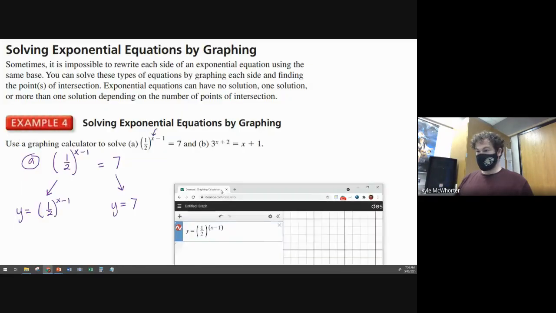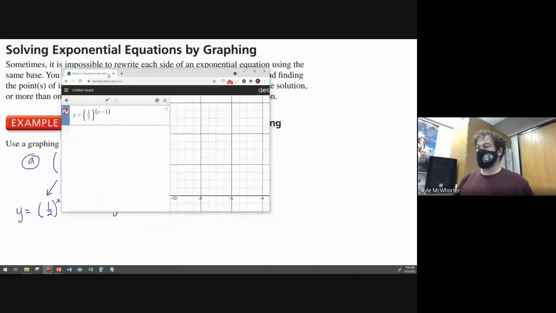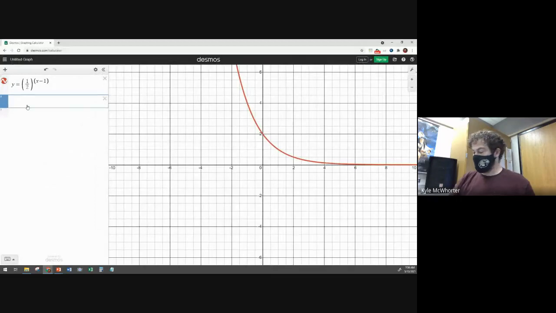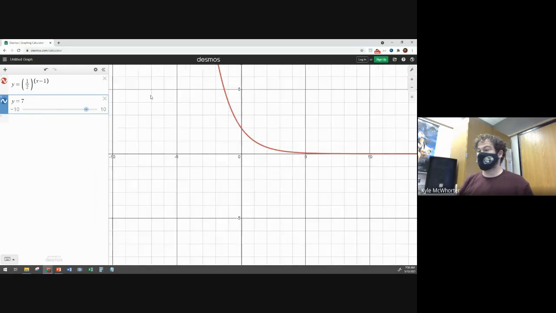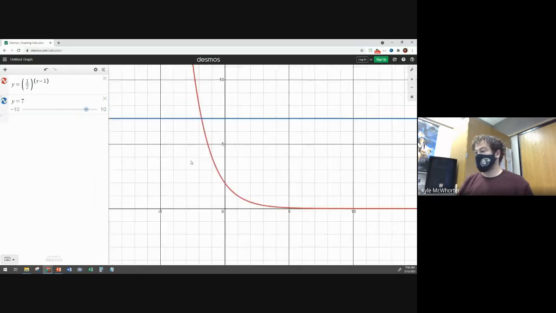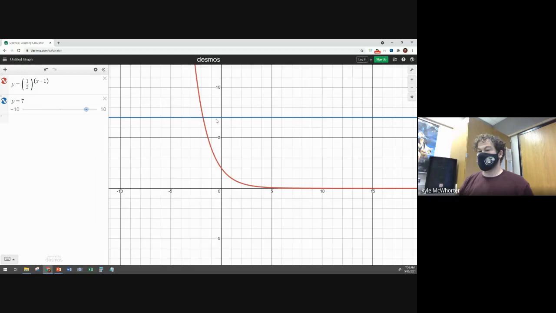That was it, right? Yeah, 1/2 to the x minus 1. And the other one is y equals 7. I got to zoom out a little bit to find my y equals 7 line. And then all I got to do is find the point where they intersect. And the x value is my solution.